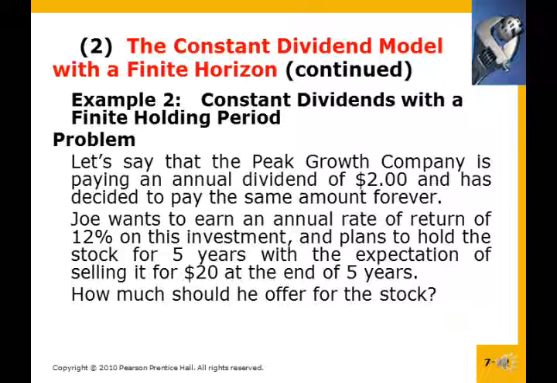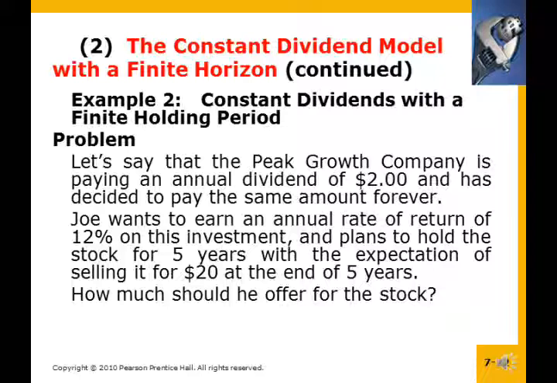The investor, Joe, plans to hold the stock for 5 years, the maturity date, and then he will sell the stock. And he expects that the future price will be $20 at the end of 5 years.